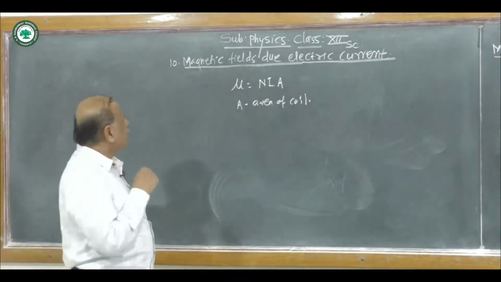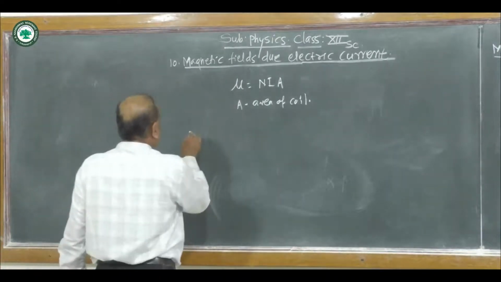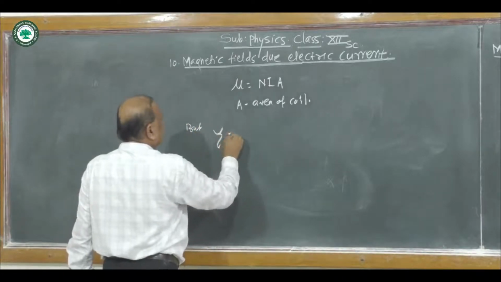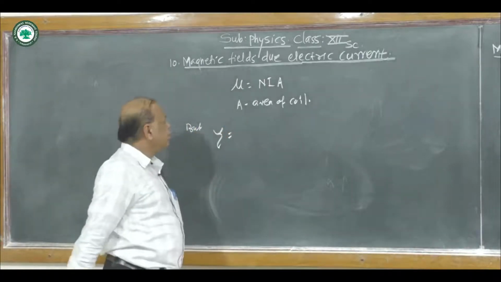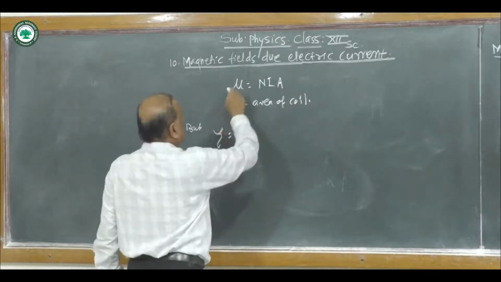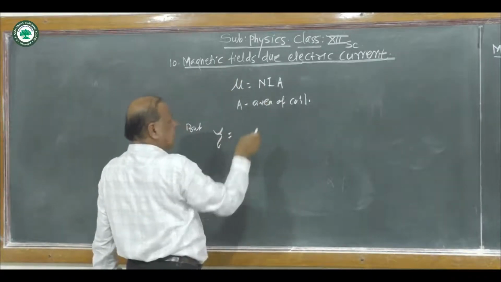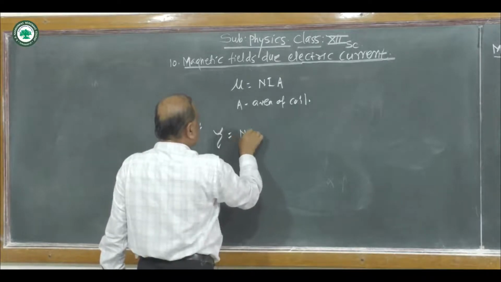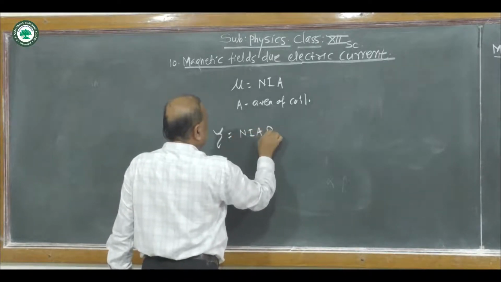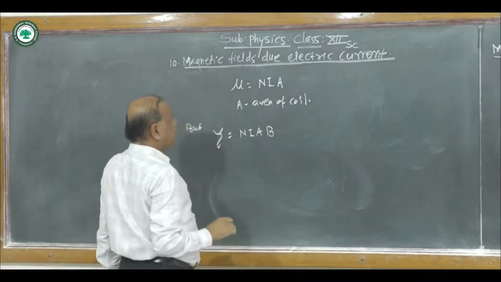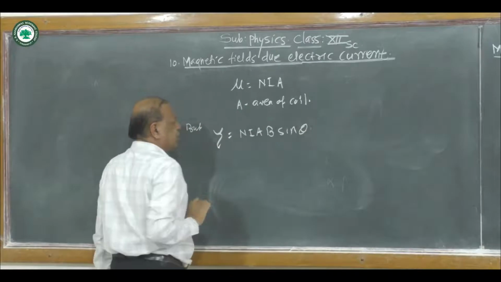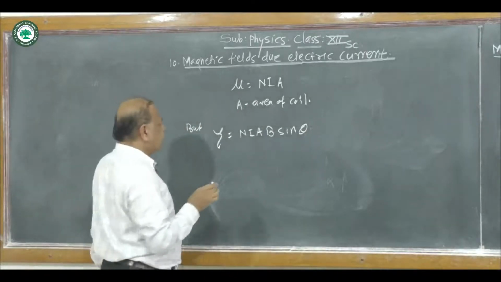Already you obtained that. Now, the torque acting on the current carrying coil is given by NIAB sin theta, or maybe the value of that theta.